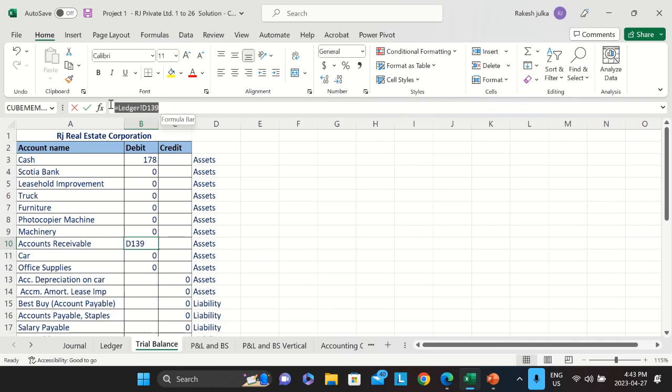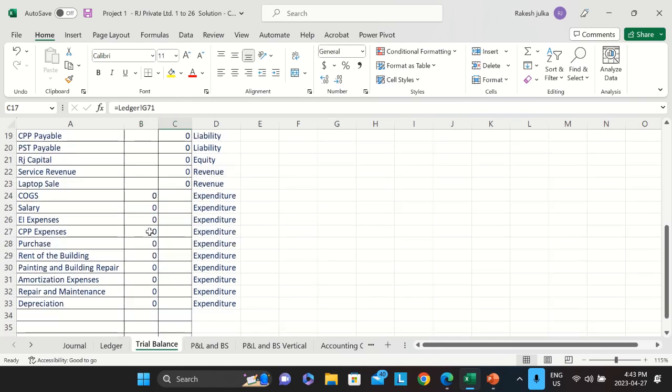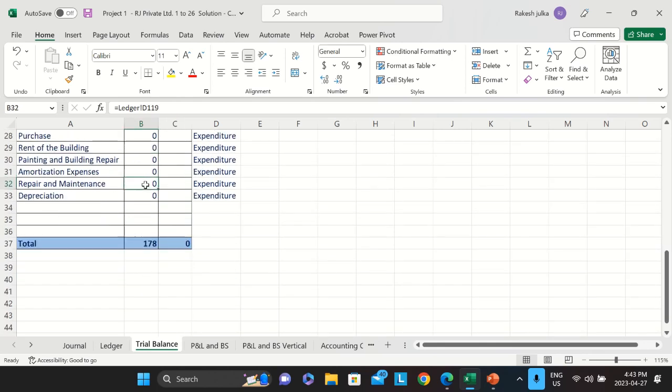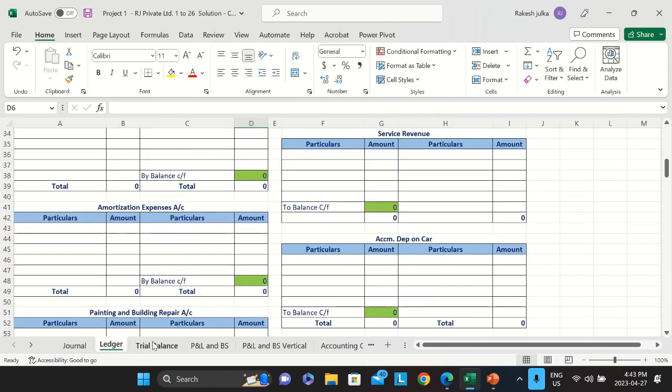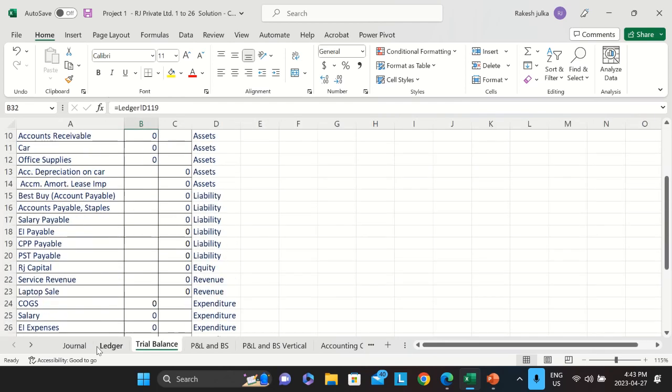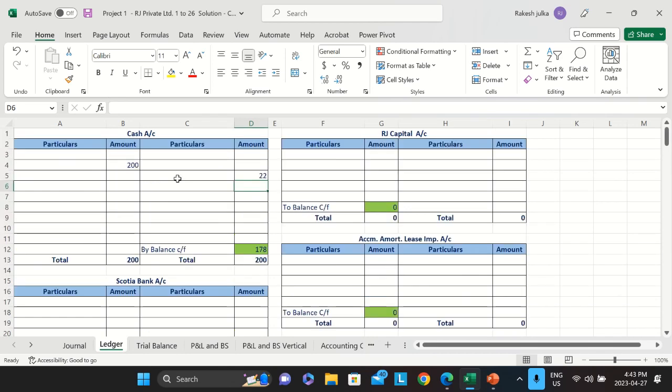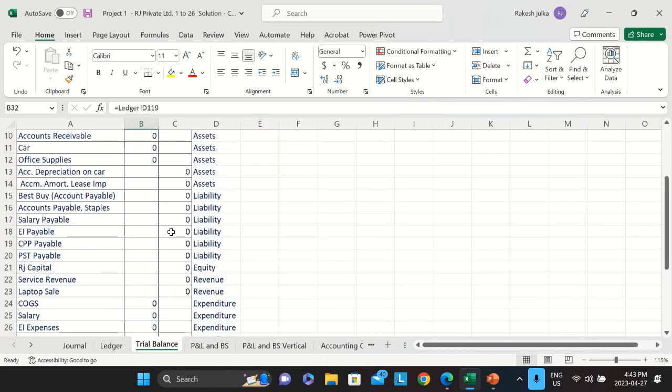You can see, everything that I have done here, I'm just taking the balances from all the ledger accounts that I have created into the trial balance automatically. Whatever the balance will be, whether it is the debit balance or the credit balance, everything will be settled here automatically.